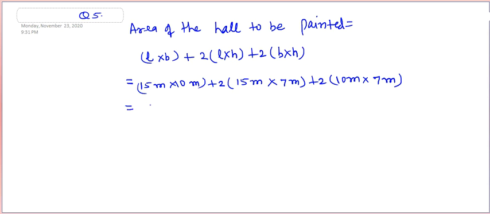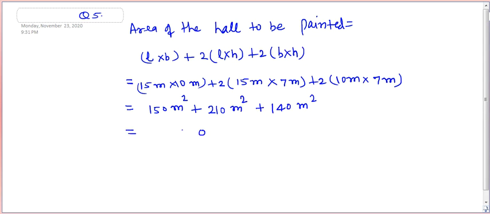Multiply all these, we have 150 स्क्वायर मीटर प्लस, तो नेक्स्ट ब्रैकेट को हम सिंप्लीफाई करेंगे. 15 7 जा 105 एंड 105 को हम डबल करते हैं तो ये होता है 210 स्क्वायर मीटर. ओके स्टूडेंट्स, देन इन द नेक्स्ट ब्रैकेट वी हैव 10 7 जा 70, 70 का डबल करेंगे तो ये होगा 140 स्क्वायर मीटर. एड ऑल दिस.